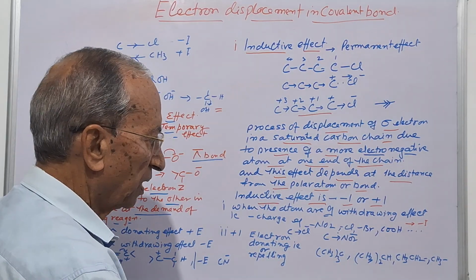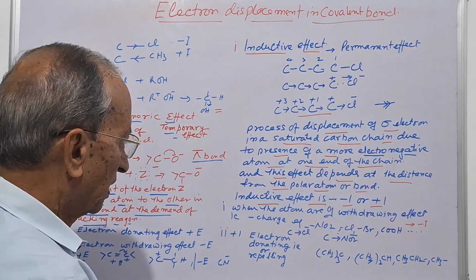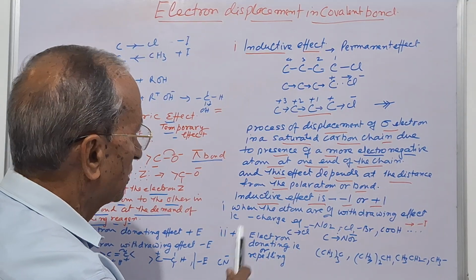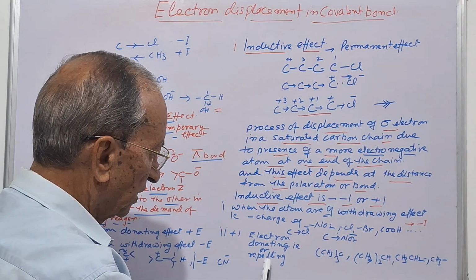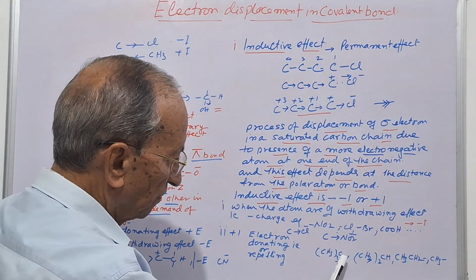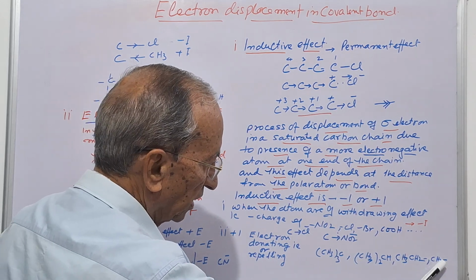They have the capacity to withdraw electrons. The second is the positive inductive effect, where groups are electron donating or repelling, that is methyl, dimethyl and ethyl groups.